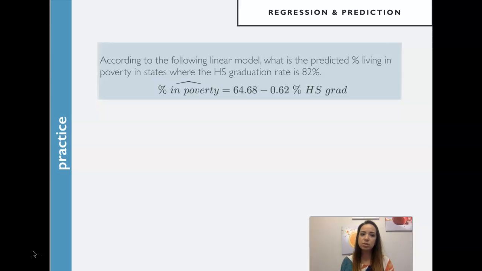We have been focused on the problem of predicting poverty from percentage of high school graduation in a particular place.